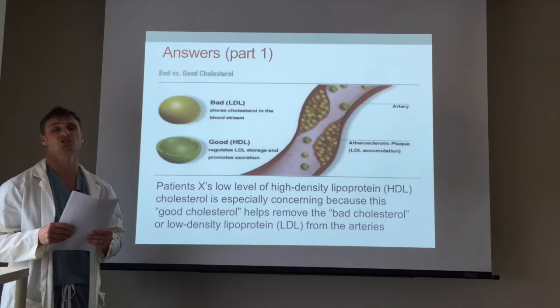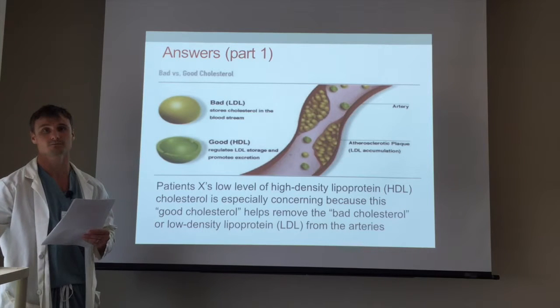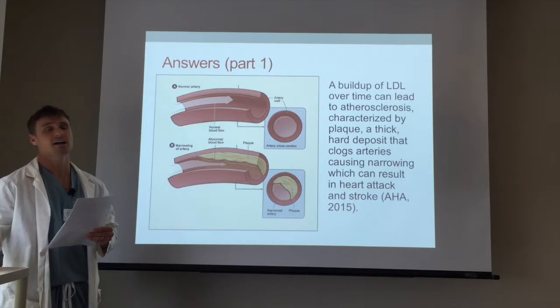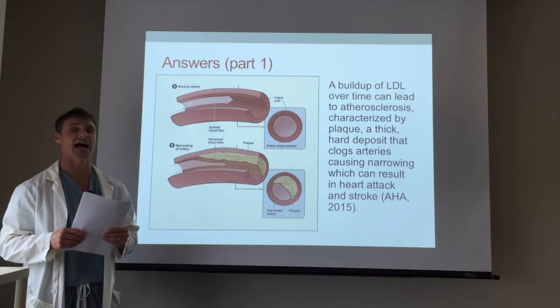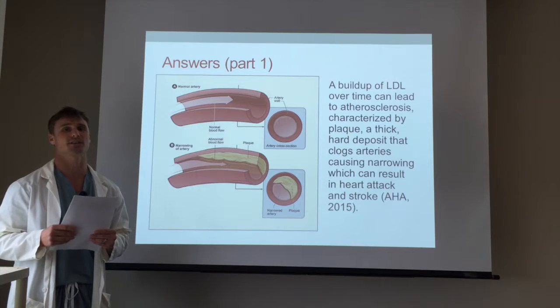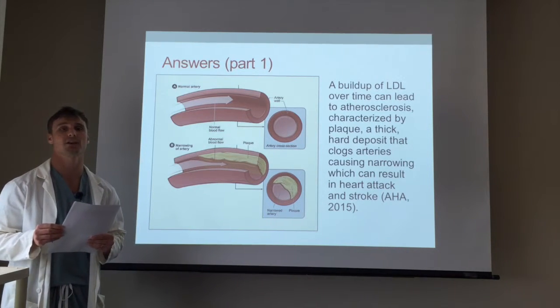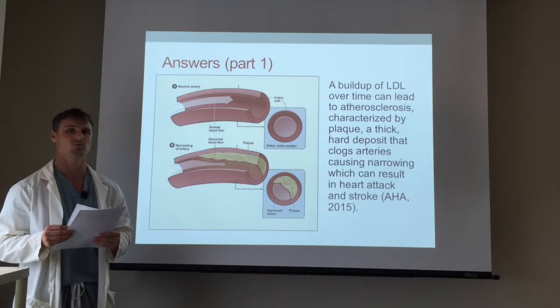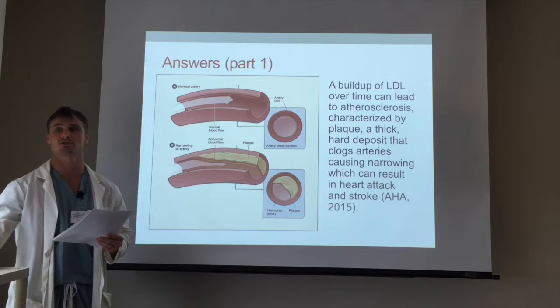The HDL cholesterol helps remove some of this cholesterol from the bloodstream. If left unattended, the LDL cholesterol over time can cause a buildup of plaque, which is a thick, hard deposit, which can cause narrowing in the arteries. This narrowing can lead to heart attack or stroke if left undealt with. And that's why we're primarily concerned with his low levels of HDL cholesterol.